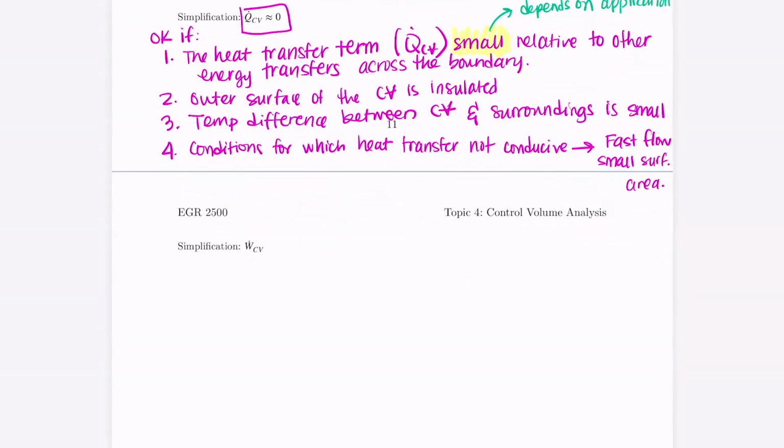We might also want to argue that W dot is zero as well, or is effectively zero. All right. So this happens when there's no rotating shafts. No displacements of the boundary.